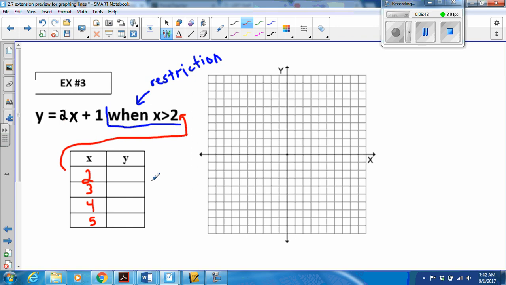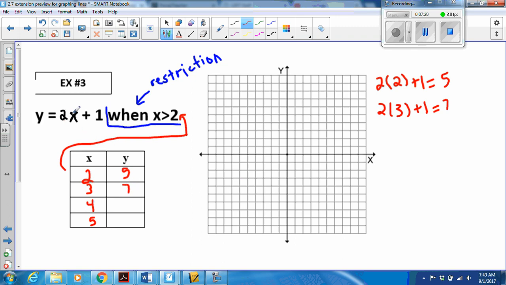Now we're going to take these x values and plug them into our function. On your notes it should say 2x plus 1. If it doesn't, make sure you change it to 2x plus 1. So now we're going to evaluate. I'm going to plug in the number 2 first, because that's our first x value, and you should get 5. So we have our y value of 5. Now I plug in 3, so I have 2 times 3 plus 1, which is 7.